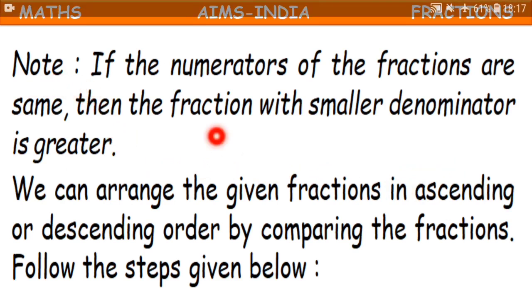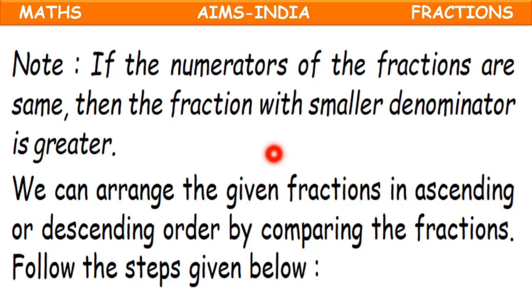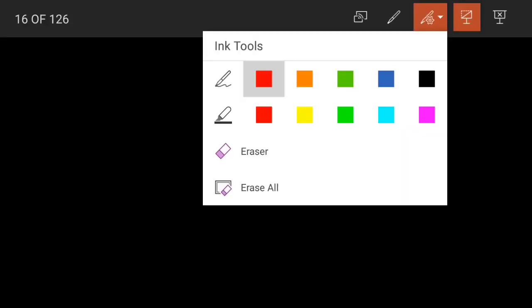Note, if the numerators of the fractions are the same, then the fraction with the smaller denominator is greater. See, if I have two fractions, say 1 by 6 and 2 by 6, both the denominators are the same, so we compare the numerators.